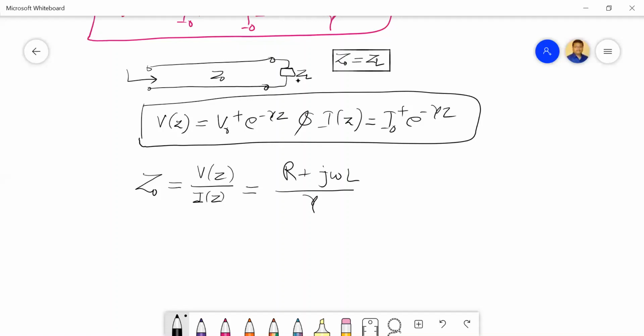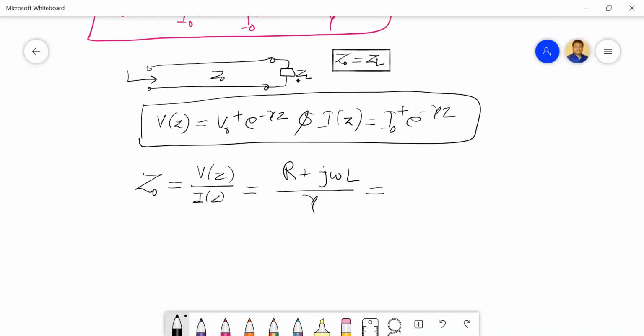There is no issue. Here we counted only the forward propagation. Earlier the general condition was there. This time we took only the forward wave and it was matched. That is why no reflected wave is coming back to the generator side.